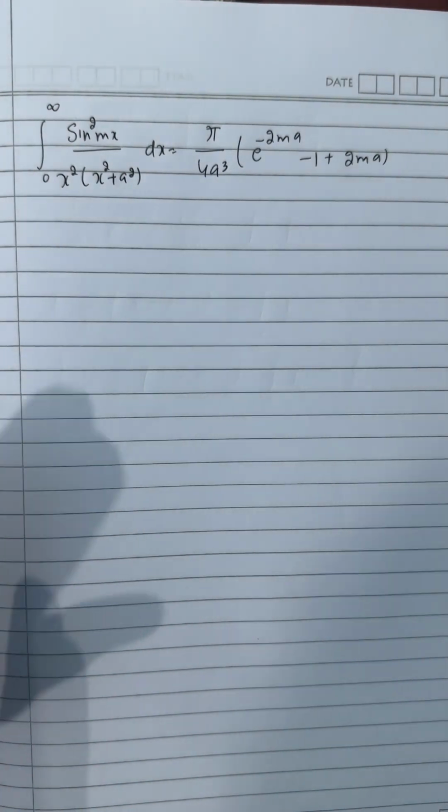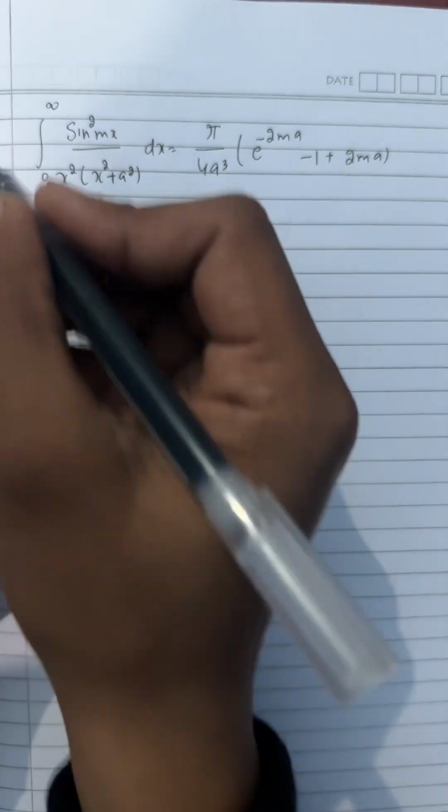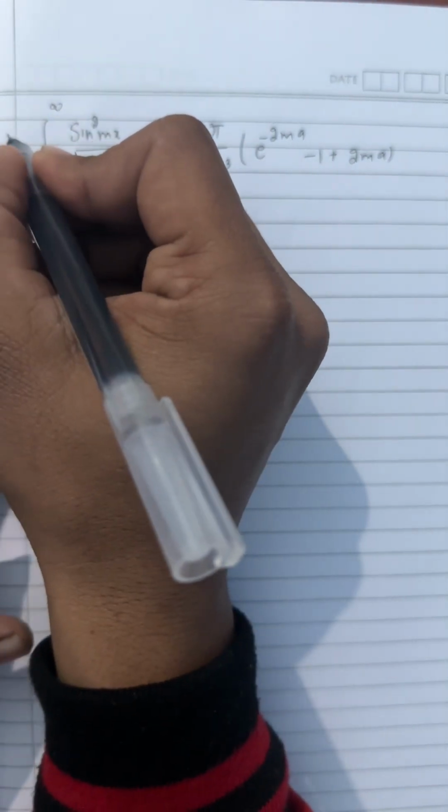To solve this, we are going to use the concept of contour integration, and we can't solve this directly, so we need some rearrangement in this integral. For this I am going to use the Leibniz theorem, that is the differentiation under the integral sign.